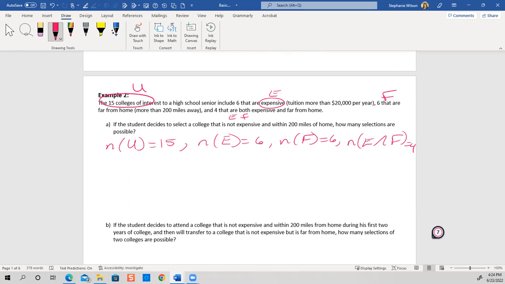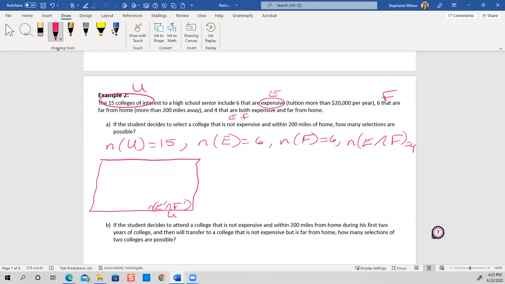We can draw out a picture to find the number of elements in E prime intersect F prime. Let's draw it the best we can. This whole box is going to be U. Inside it is the number of elements in E prime that intersect F prime.